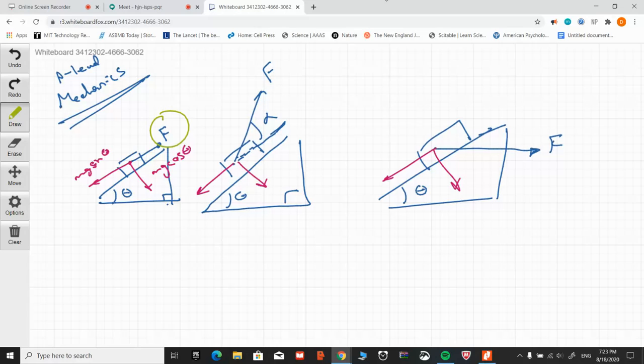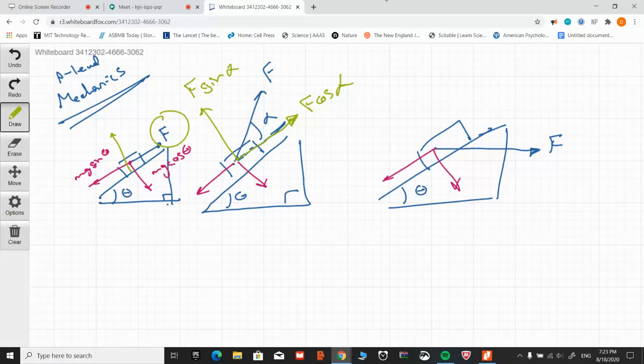Let me use a different color and resolve this first. This force will have a component along the plane equal to F cos alpha and perpendicular to the plane F sine alpha.